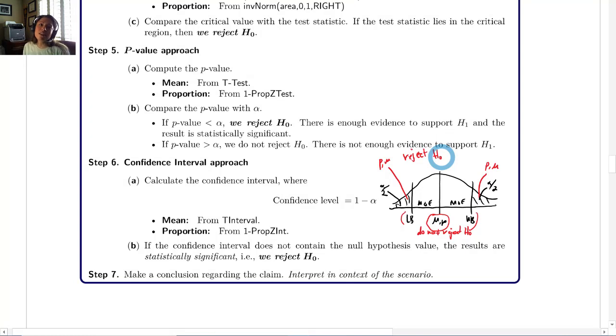Some students love this because it's a one-step thing in the calculator and they check it, they compare, oh, boom, reject, not reject. So the confidence interval is a nice way of actually doing the hypothesis testing. But in our class, we are going to veer towards step 5, which is the p-value approach, only because we're going to use p-value for the rest of the semester in the rest of the chapters.